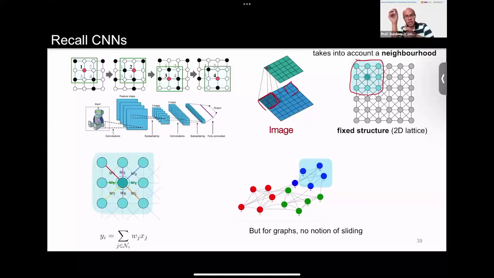Now, I can generalize this concept, and that is what leads to graph neural networks, where the underlying graph is not always a 2D Cartesian grid. You can have more generic graphs.